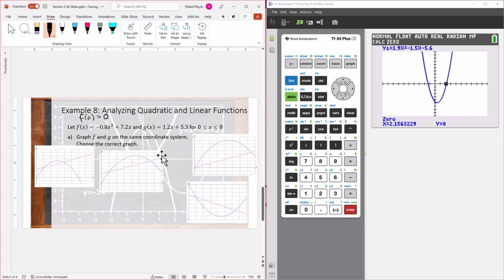In this particular one, when x is equal to 0, g is equal to 5.3. So at the y-intercept, on the y-axis, g should not be crossing the origin. It should be something greater than 5. And actually, let me bring this up a little bit.